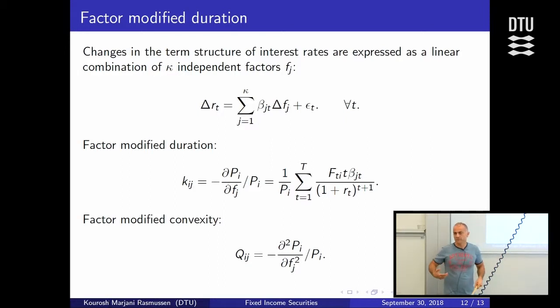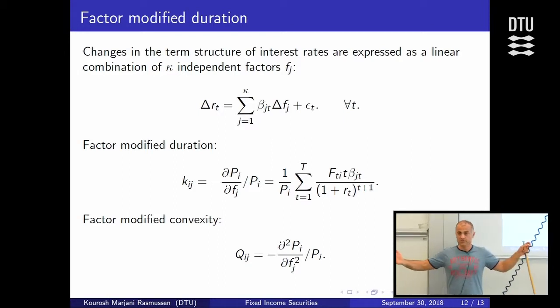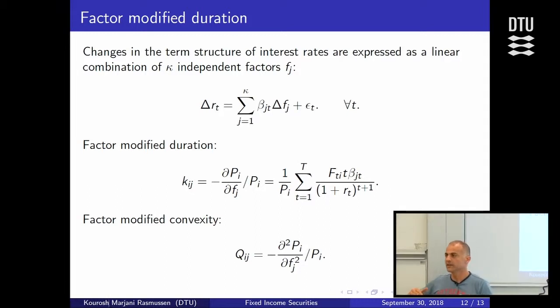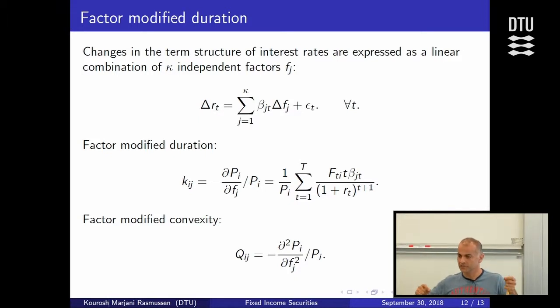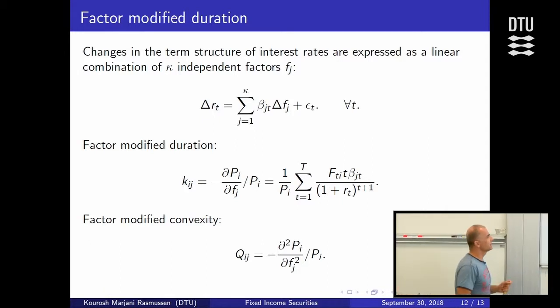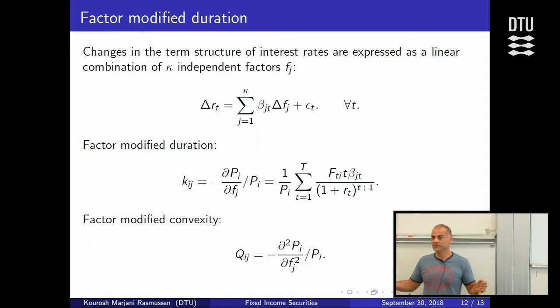Because to begin with, I told you that interest rates are not changing parallel, and we have 30 interest rates, and we can look into if each and every one of them is changing with some different values, right? Then we can differentiate with regards to all the 30 interest rates.